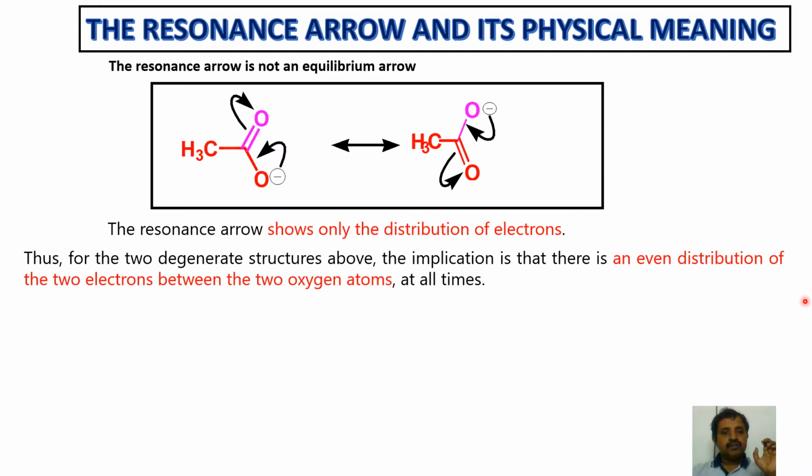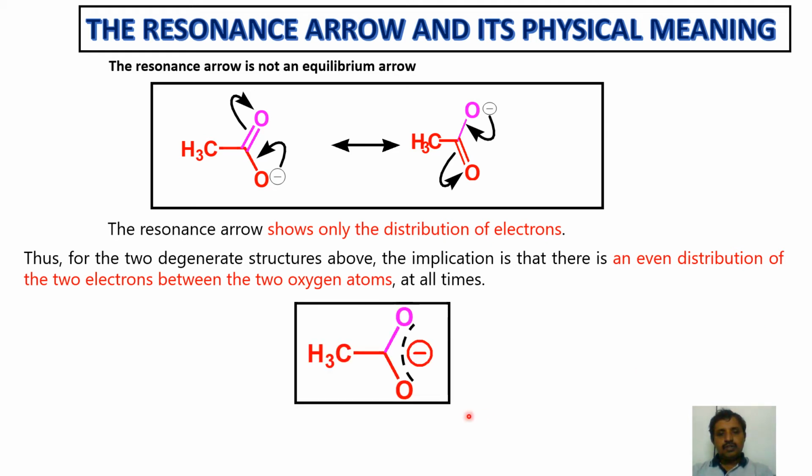Thus, there are two degenerate structures. The implication is an even distribution of two electrons between the oxygen atoms at all times. That is, equal distribution of electrons between the two canonical structures at all times. Both canonical structures have the same energy here.